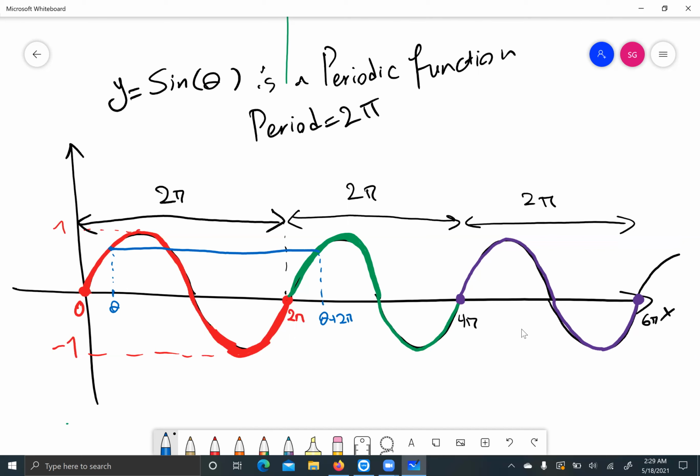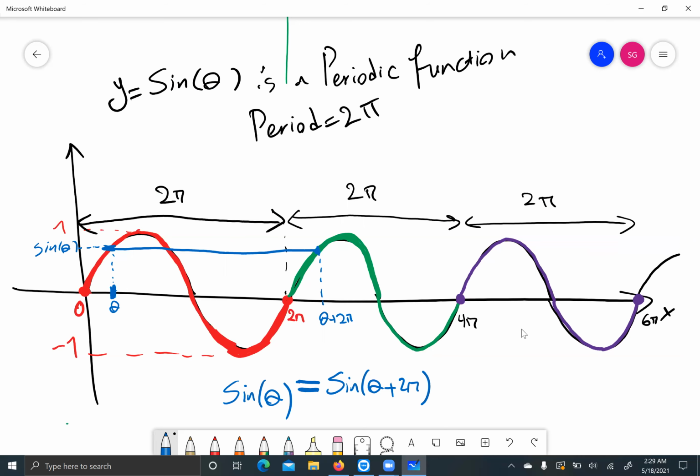You are still at the same height. You see that? What is this? This is sine of theta. At this theta, you have sine of theta, which is the height of this graph. And you see, at theta plus 2 pi, you still have the same height. So the output is still the same.